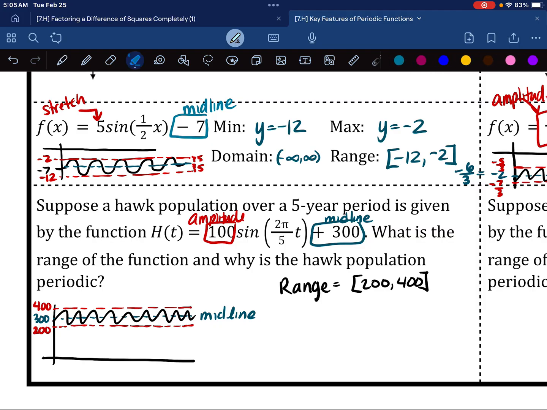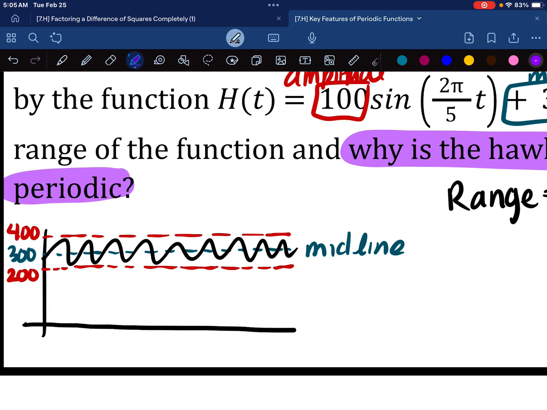Now let's talk about the Y piece. I'll write it in purple, I guess. Well, let's think about what would cause a population to fluctuate like this, to grow and shrink and grow and shrink and grow and shrink, right? During the growth portion, it could be based off seasonal, right?